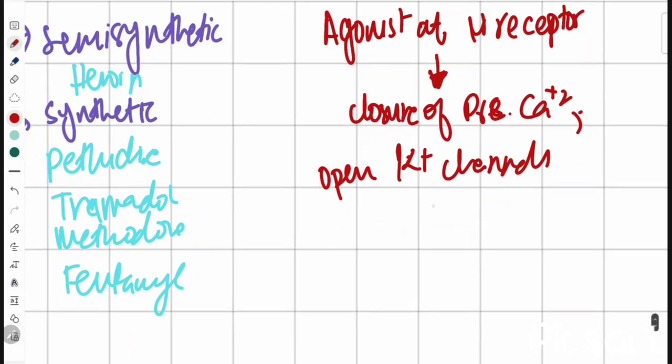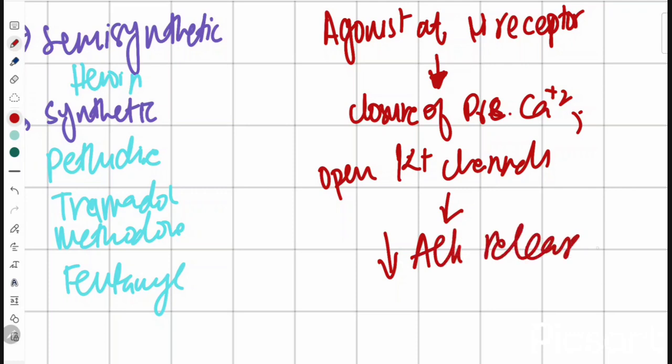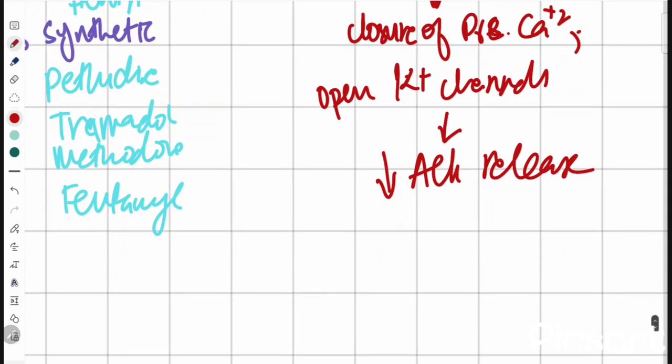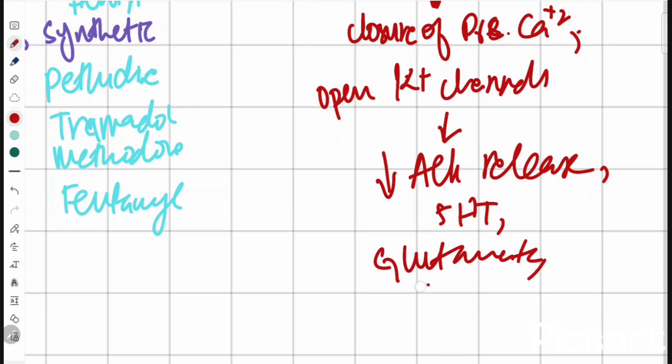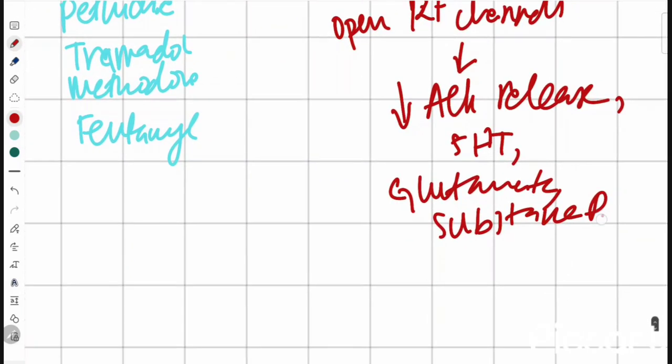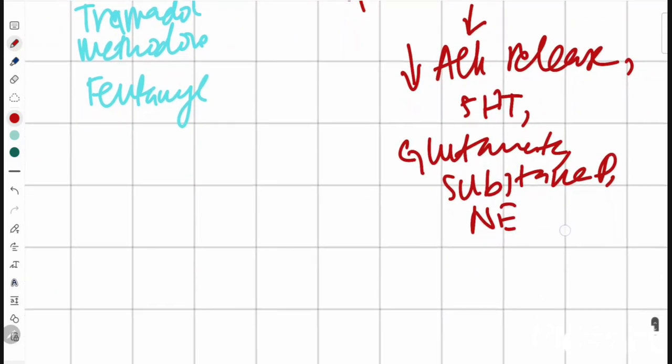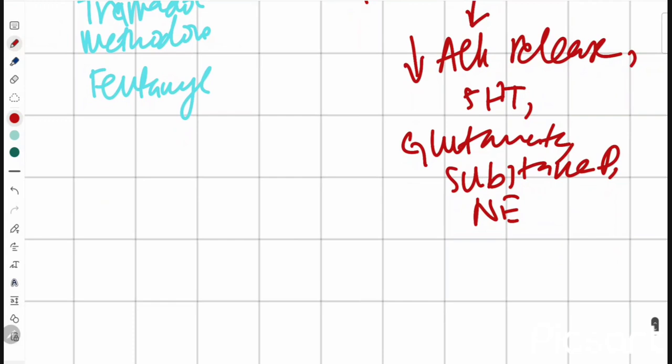That is going to cause a decrease in ACH release, as well as 5-HT, glutamate, substance P, and norepinephrine. And that is the basic thing, that everything is decreased.